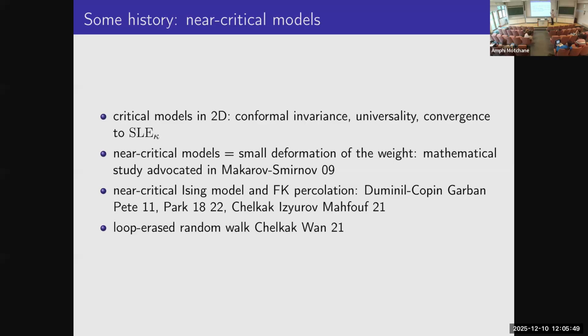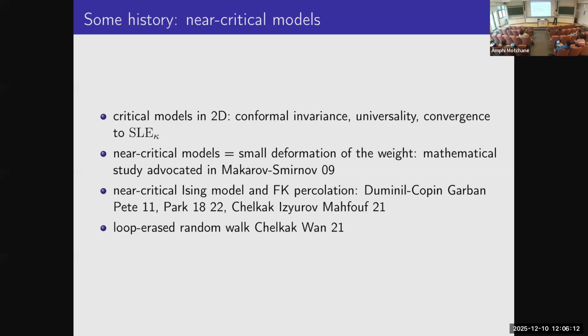First, I told you about critical models. In 2 dimensions, there have been a lot of works, coming from conjectures by physicists, on the conformal invariance of those models, the fact that in the limit those models become conformally invariant.